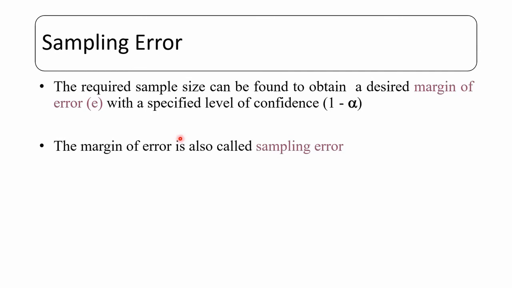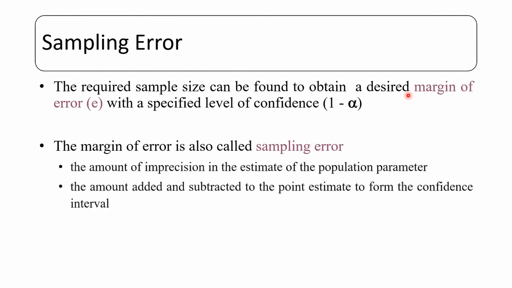This margin of error is this sampling error. So when you are calculating the sample size, you have to have this margin of error, right? So you might not know exactly, but you are given plus or minus value, right? So you're asked to find the sample size, but you're given a margin of error. So that margin of error is your sampling error.